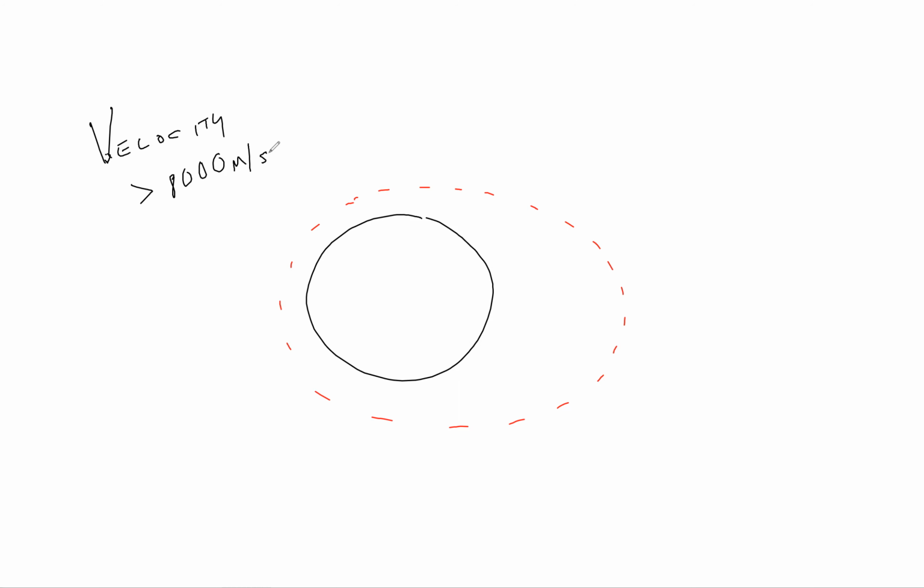But let's talk about this for a second. If the speed is greater than 8,000 meters per second, what that means is, as it's traveling along here, it's going to want to leave Earth's gravity, right? But it's not going fast enough. So in this section right here, from here to here, the object, the satellite, is actually slowing down.